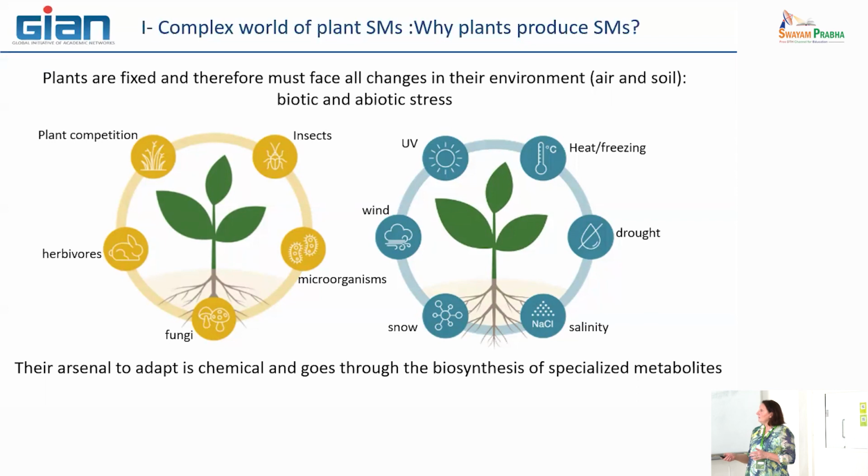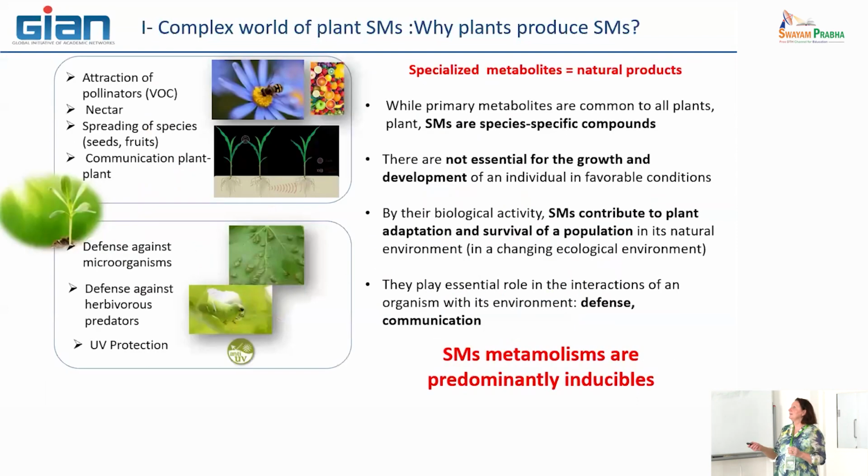And here is the list of the types of mechanisms that are able to induce this type of metabolite. But what is also important to keep in mind is that primary metabolites, lipids, carbohydrates, and so on, are common to all plants because they are essential for the development of the plant, while specialized metabolites are more specific compounds.